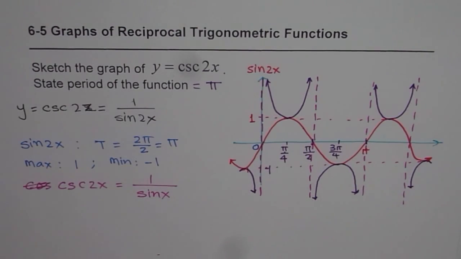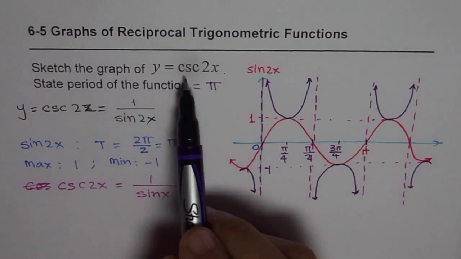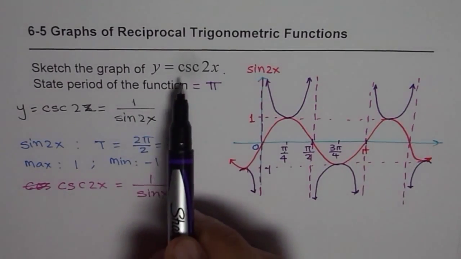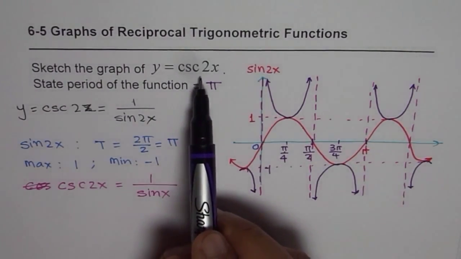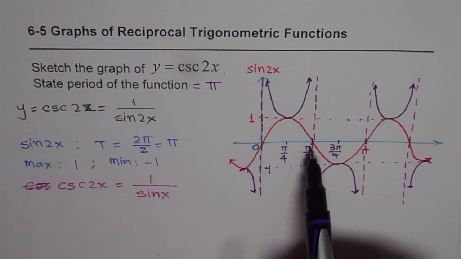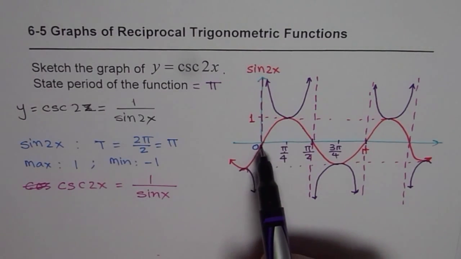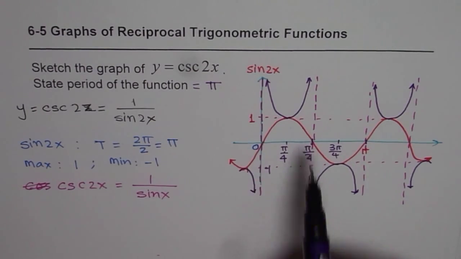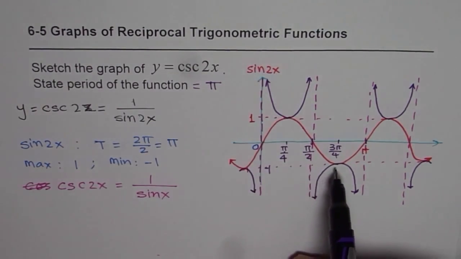But our primary objective here was to understand how to sketch the graph for cosecant 2x. I think the steps are absolutely clear. Start with sine 2x, the primary trigonometric ratio, and then take the reciprocal of that. All x-intercepts will be translated into vertical asymptotes. 1 and minus 1 will be the invariant points.